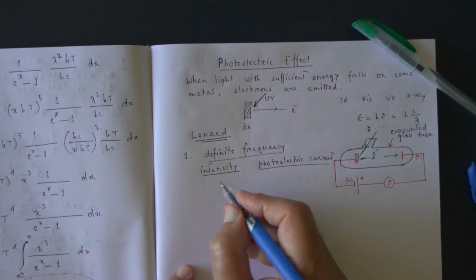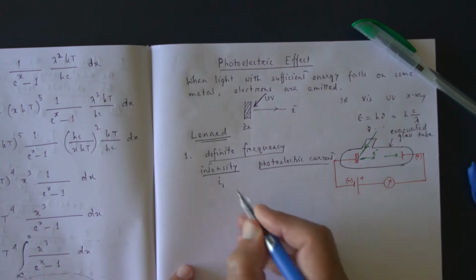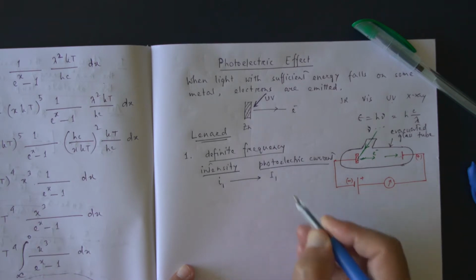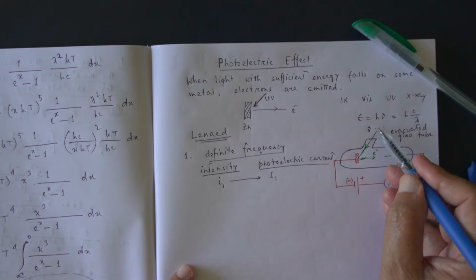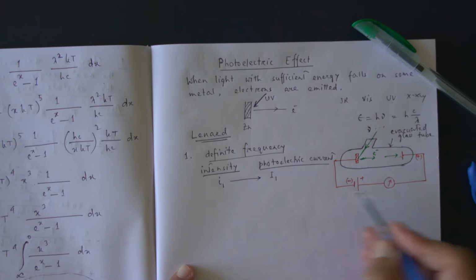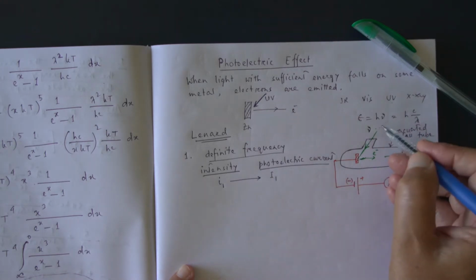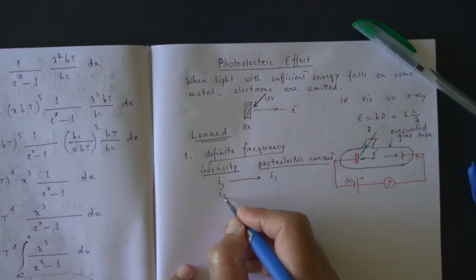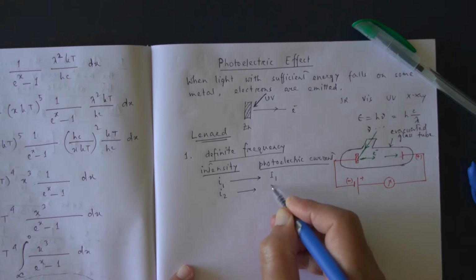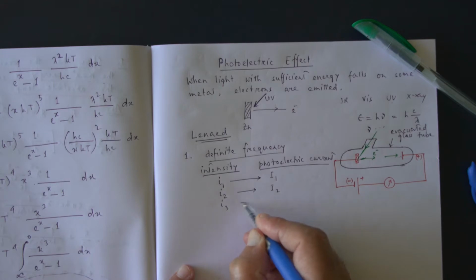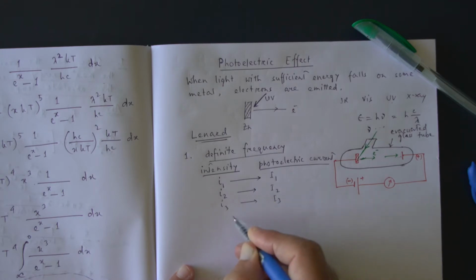First say intensity was I1 and the corresponding photoelectric current was I1. Say one bulb, yellow light, intensity I1, corresponding photoelectric current I1. Then two bulbs, same yellow light, intensity will be more and current will be something. Again three bulbs, and so on.